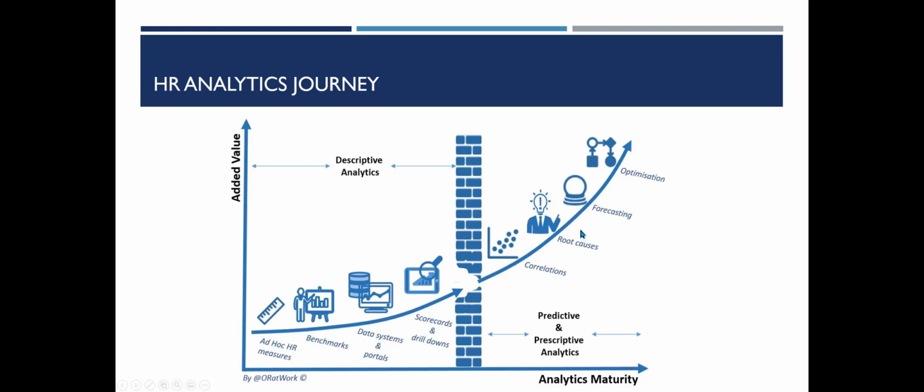Organizations would also be able to drill down to root causes, using statistics to find out which variables or items tend to have the highest impact on the organization. With that, organizations can then forecast the ideal standard or the ideal outcome that the company needs using the data that they already have. And this will help organizations achieve optimization, ideal level of standards. That's the highest level of analytics maturity an organization can get, and also the highest level of value addedness to the company.